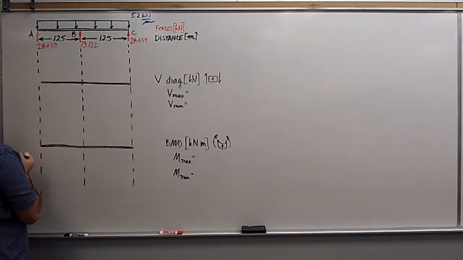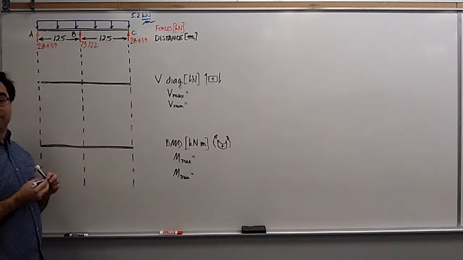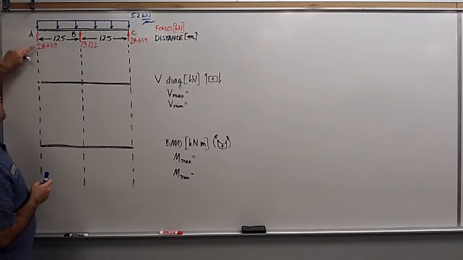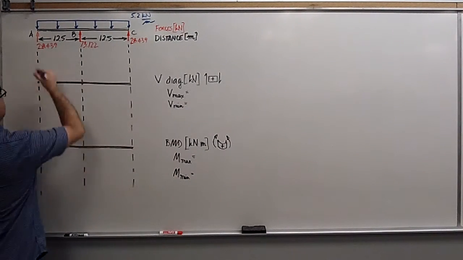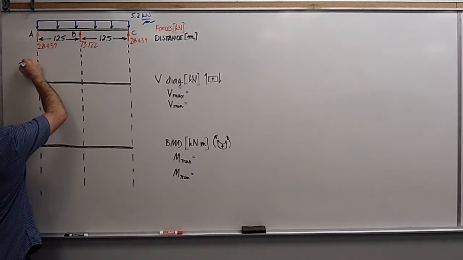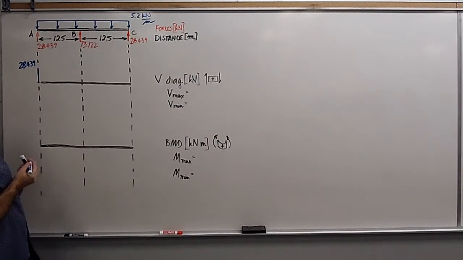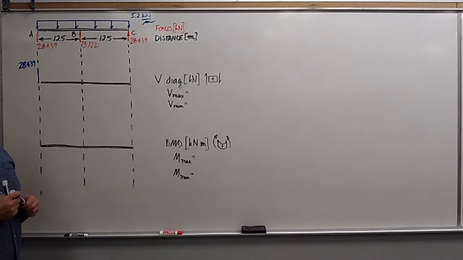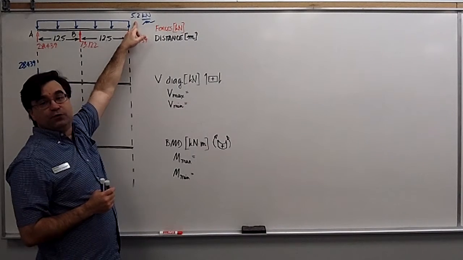Then we start at the very right, and we start at 0. And we go up or down by whatever vertical force we have at that location, in this case 28.439. Then we move to the next line, and in order to do that, we go down by 5.2 kilonewtons per meter.